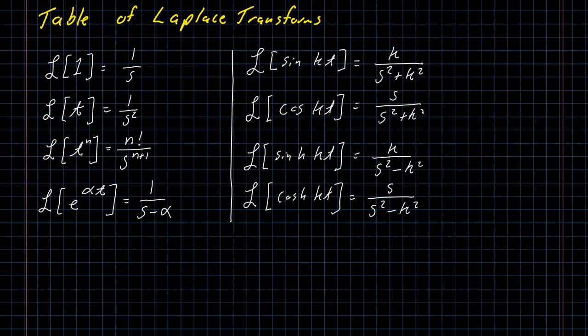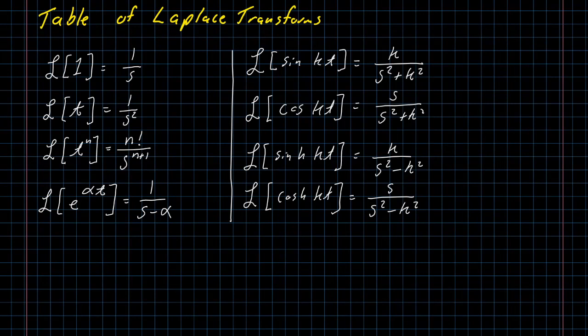We have the trigonometric functions. The Laplace transform of sine of k times t is k over s squared plus k squared. Laplace transform of cosine of kt is s over s squared plus k squared.